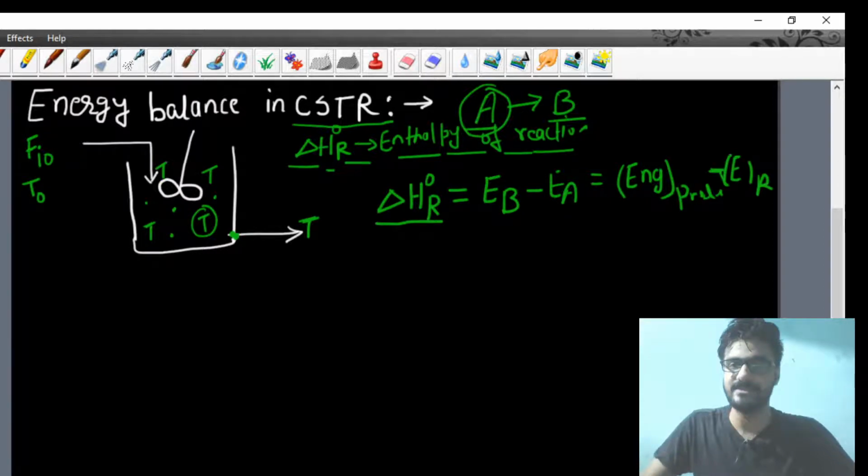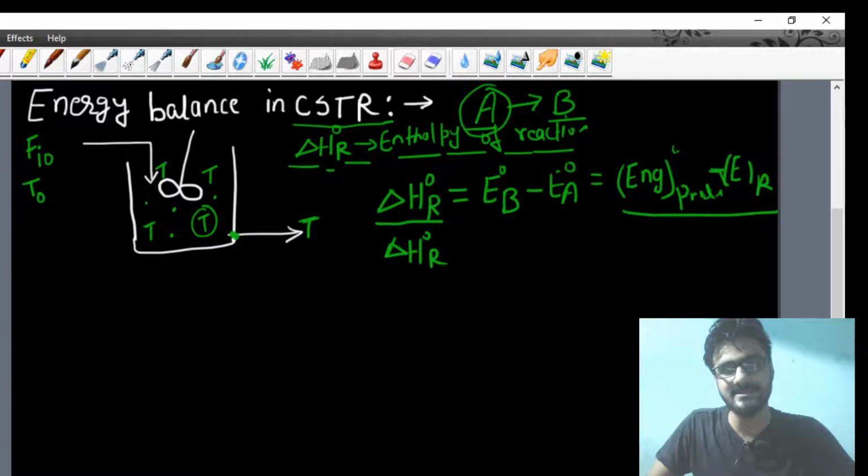Now try to understand, this will be the standard energy. Generally we take the standard energy if nothing is given.